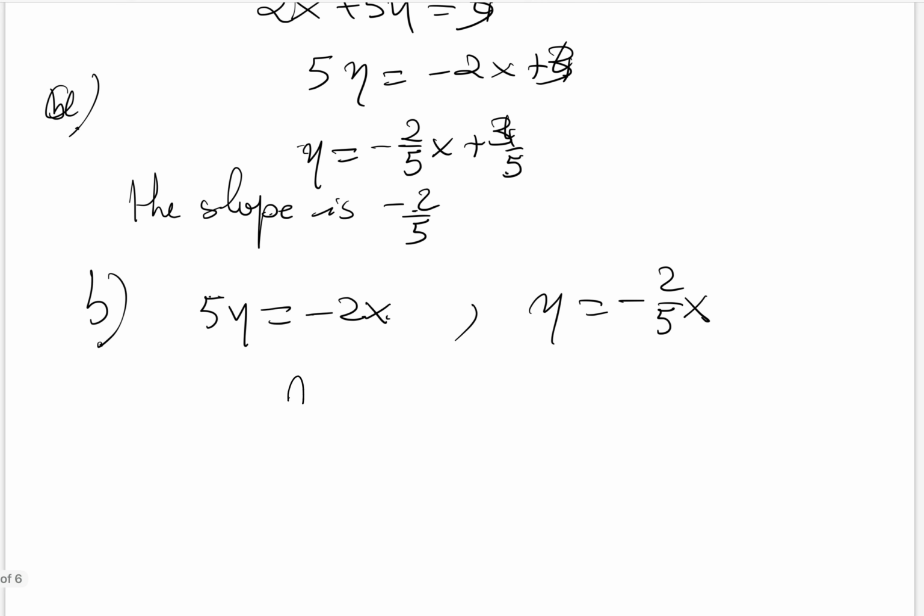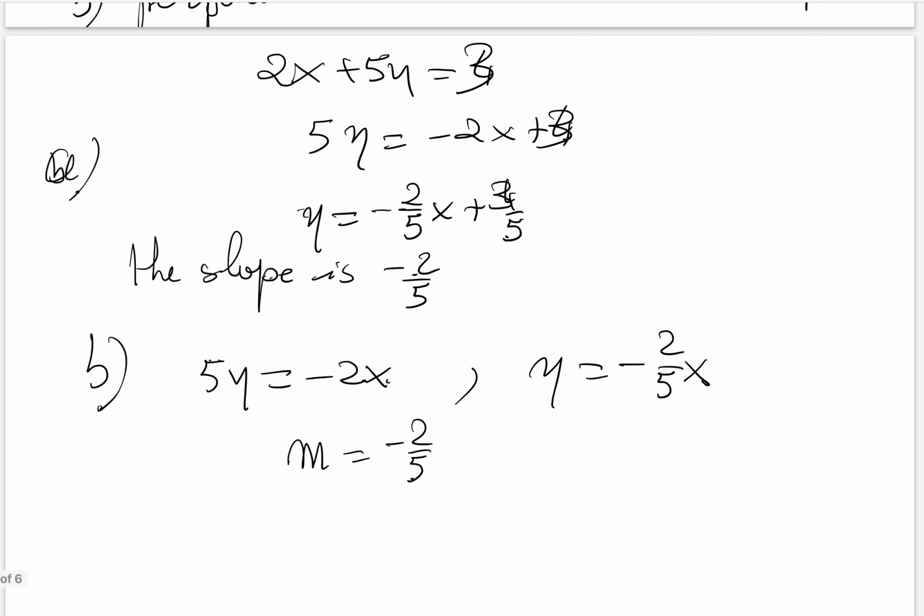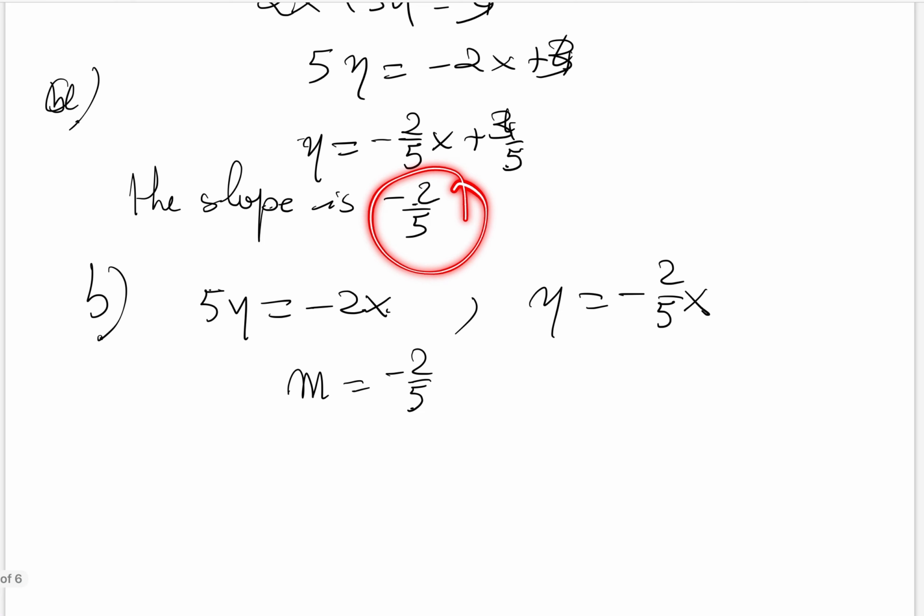So here the slope m is equal to negative 2 over 5. So you see they have the same slope. If they have the same slope, that means the two lines are parallel.